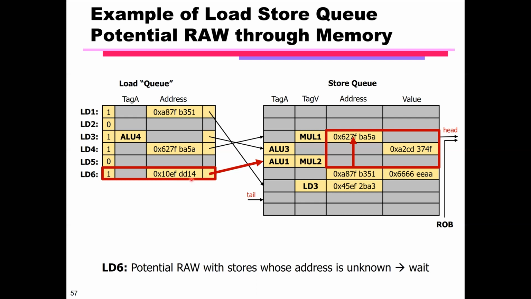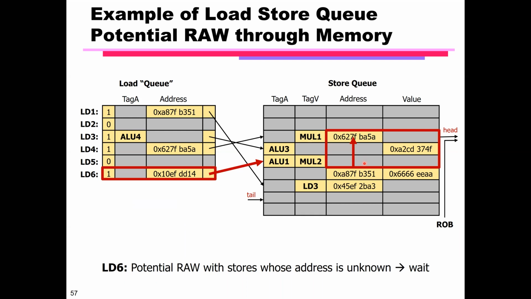So I have to go in the queue, look at everybody before me, so these 3 stores, and again, I don't care about stores that came after me, only before me, and see if I know the address of all of them.